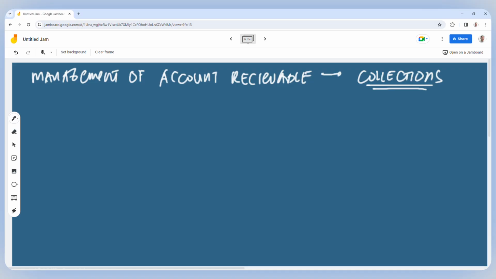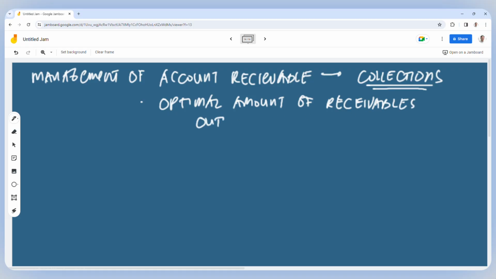So of course, ang another objective is to have optimal amount of receivables outstanding. And ano pa class? Siyempre dapat mababa ang ating bad debts.